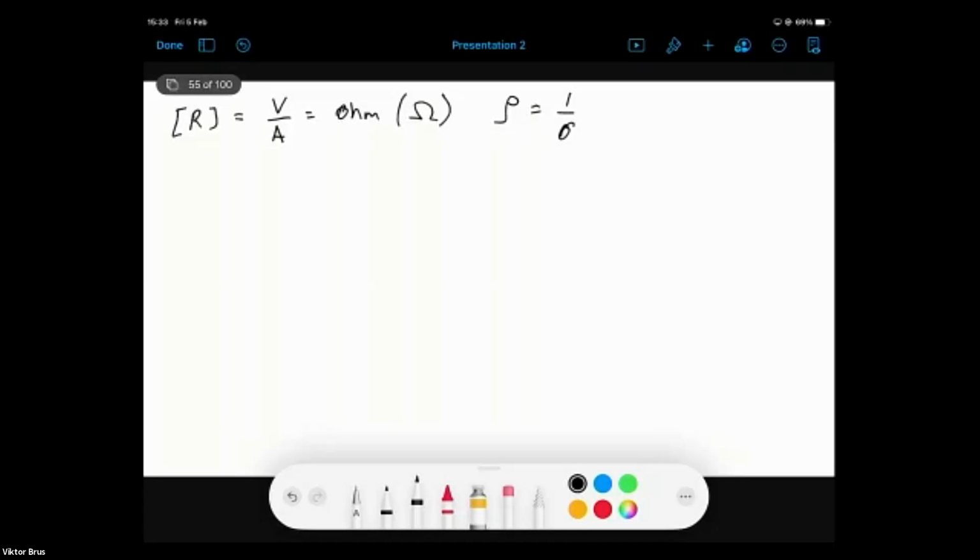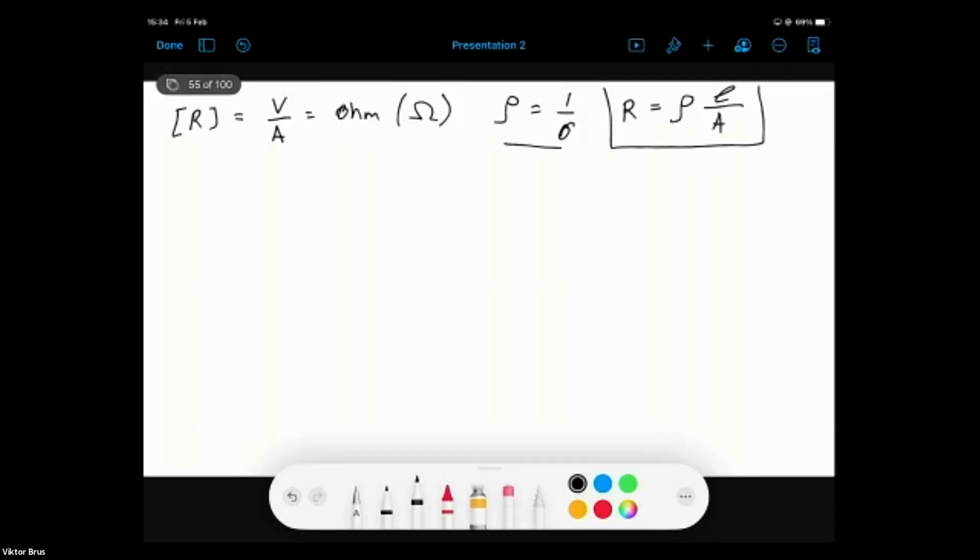And with this parameter, we can write in a more usual form the expression for the resistance: specific resistance, or resistivity, rho, times L divided by A. So what do we see here? That electrical resistance increases linearly with increase of resistivity, rho, and that is defined by the property of the material.